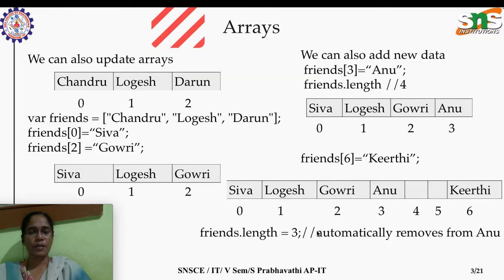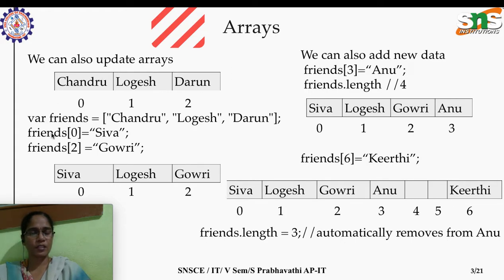And updating the arrays. Updating means adding, removing items, and so on. Consider that initially you have the array declaration of these 3 names, and later when we go for updating, you can change the names. That's nothing but the updation. These updations are allowed.